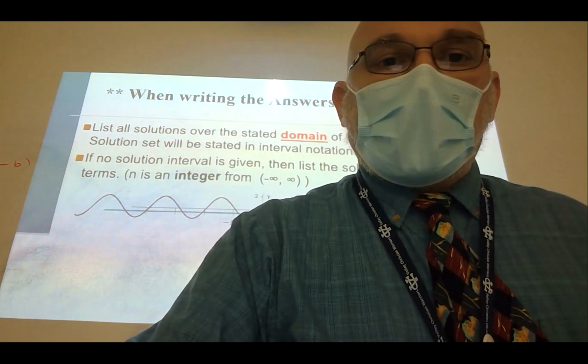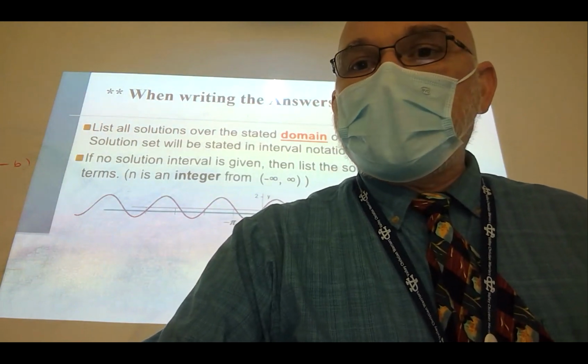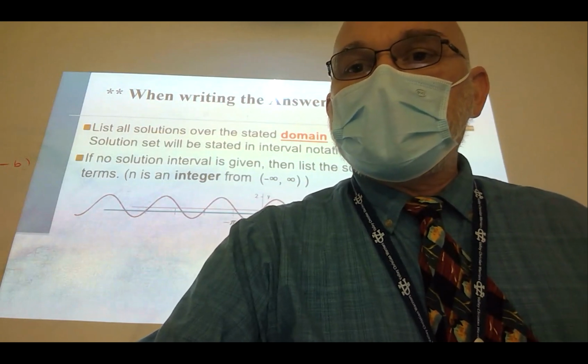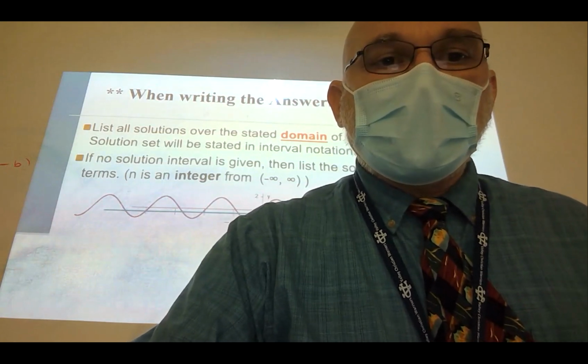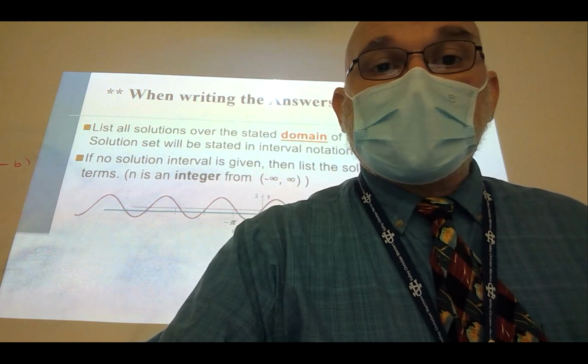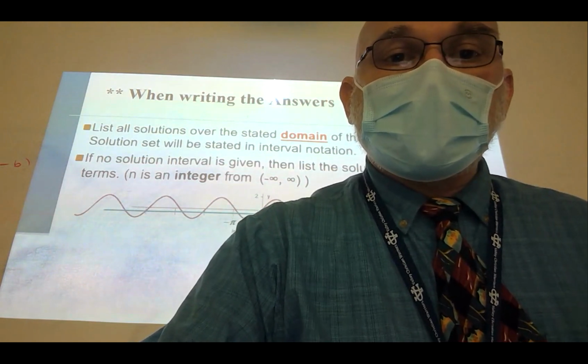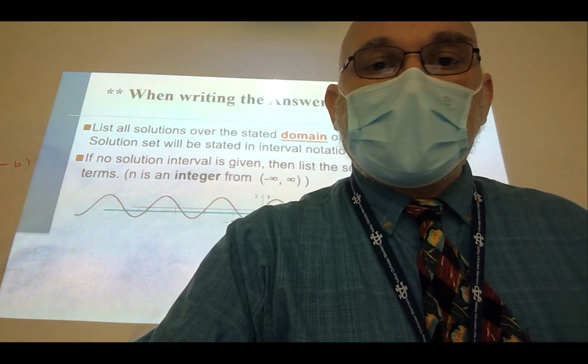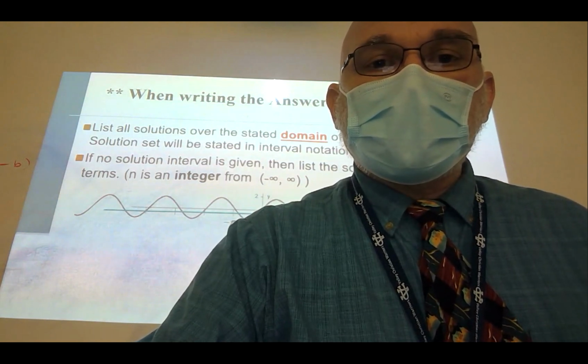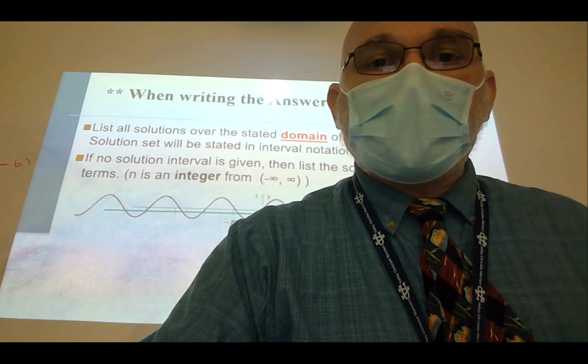And if I wanted to graph where this is equal to negative square root of 2 over 2, and I did that on my calculator with the blue line, you'll see I have an infinite number of intersection points. One happens here at 5 pi over 4. One happens here at 7 pi over 4.